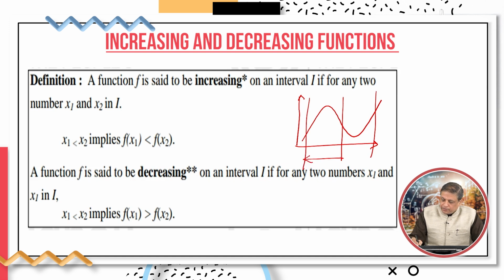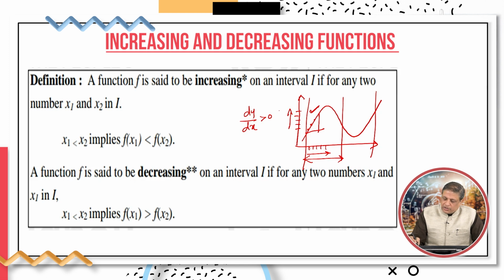In the first section, the slope is this, and that means as x varies, y is also varying, and you can see the trend that as x is increasing, y is increasing. So, that means dy by dx is greater than 0.